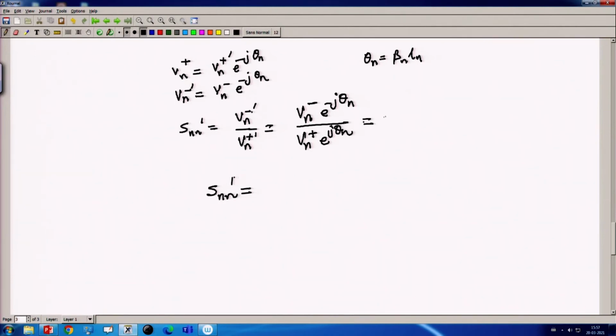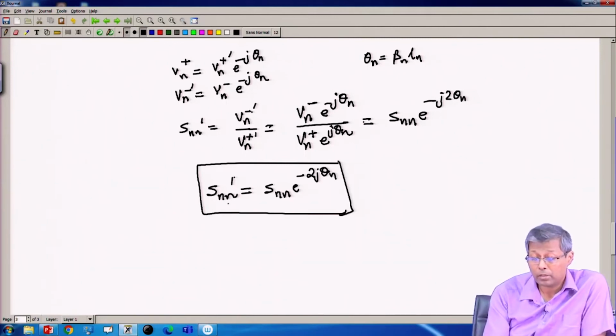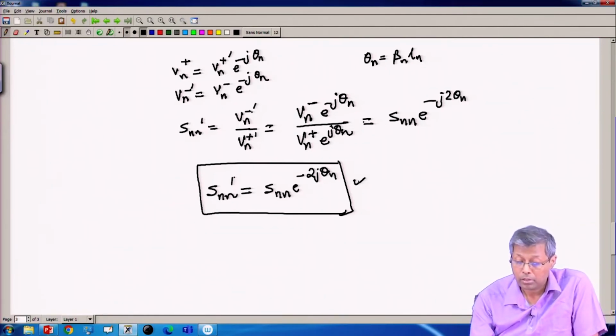So, this can be written as S n n, which gives the relationship between the S matrix, S n n prime at the new terminal plane, and the S matrix, S n n, at the old terminal plane. So, this is a frequently used relationship everywhere.